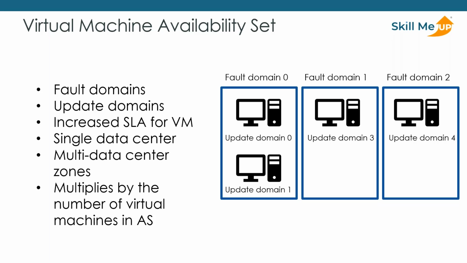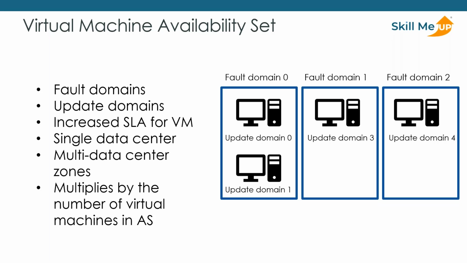But let's think of it, just for simplicity's sake, from a concept of a single data center. And you can have your servers spread across multiple racks within that data center using the fault domains, up to 3 fault domains. And then the update domains are the hosts on those racks, the physical host hardware that your server is running on.